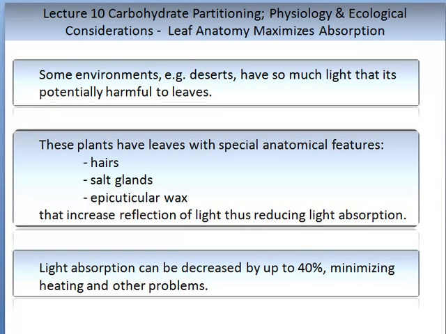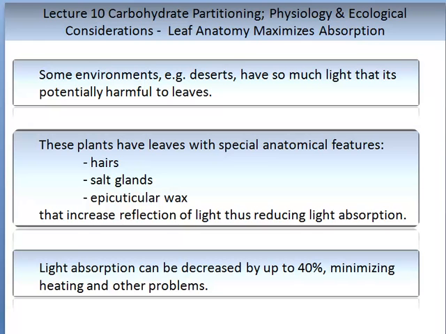The strategies that we have just talked about are strategies that enable plants to optimize light and the use of light. However, there are some environments, for example deserts, where there is much light around, and this can be potentially harmful to the leaves. These plants have leaves where special anatomical features occur.